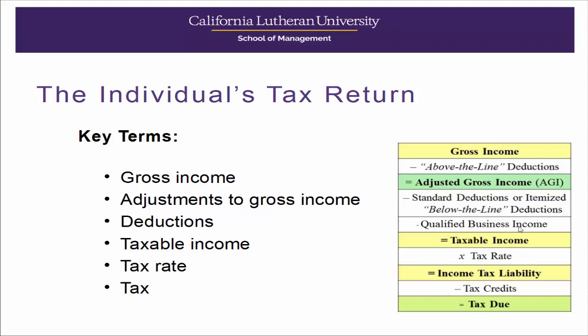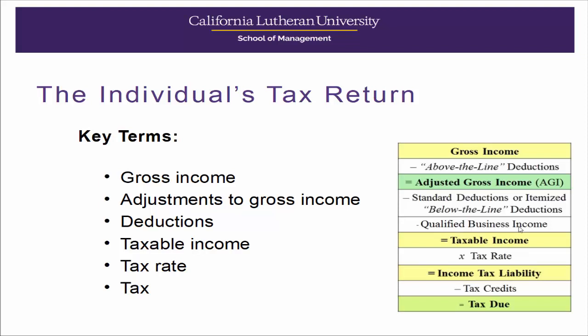Now here we see some key terms in the income tax formula. We'll talk about these terms in detail in the coming slides, but let's take a minute to go over the income tax formula. That formula is gross income minus adjustments for gross income equals adjusted gross income. Then from adjusted gross income, we subtract the greater of a standard deduction or itemized deductions.